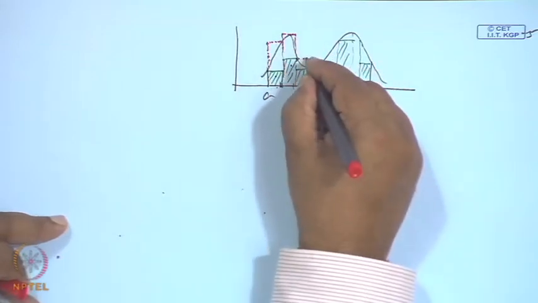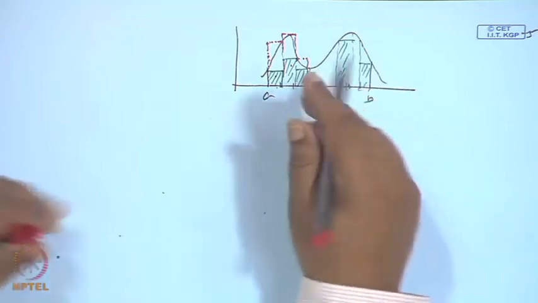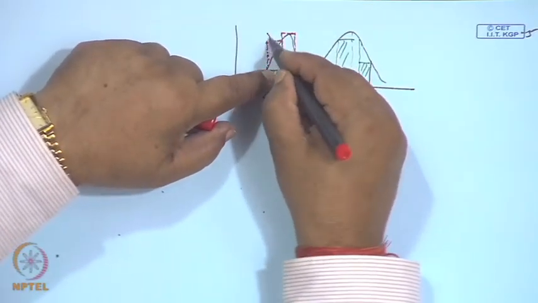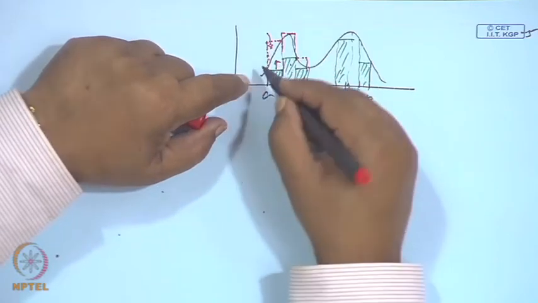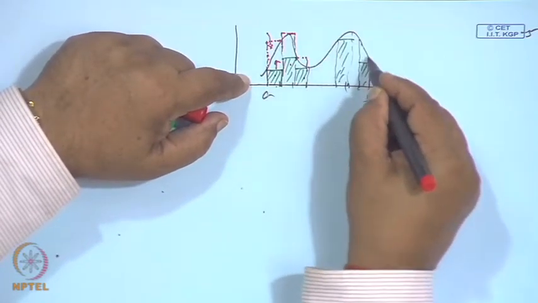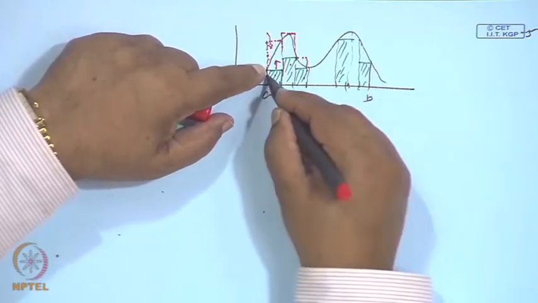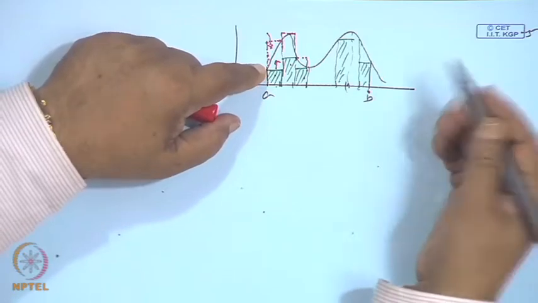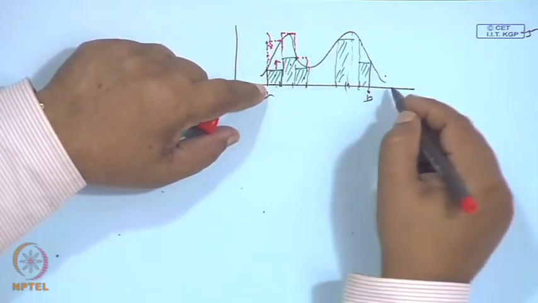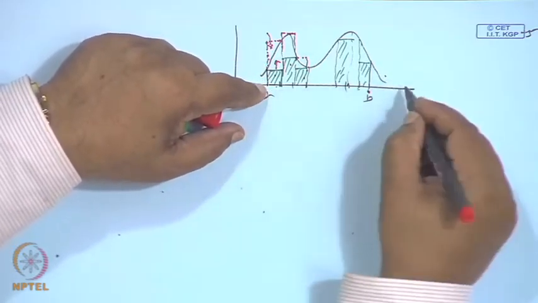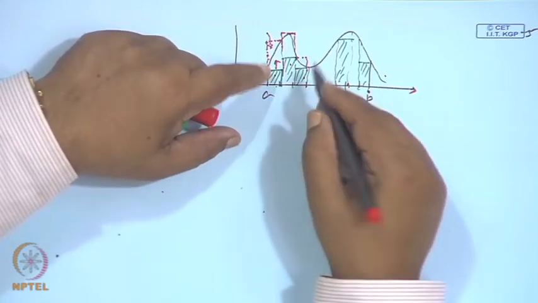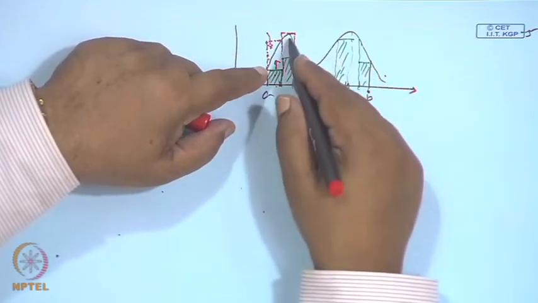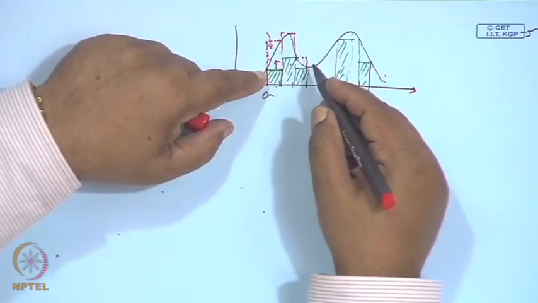When you choose the limiting value, the upper sum decreases and the lower sum increases, and they will coincide with the total area bounded by this curve. If the function is continuous, it represents the area bounded by the curve y equal to f(x), the ordinates x equal to a and x equal to b, and the x-axis. In case of bounded functions, we say it is an enhancement of the definite integral, and we call it the Riemann integral.